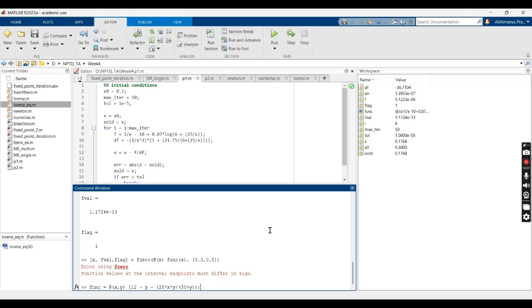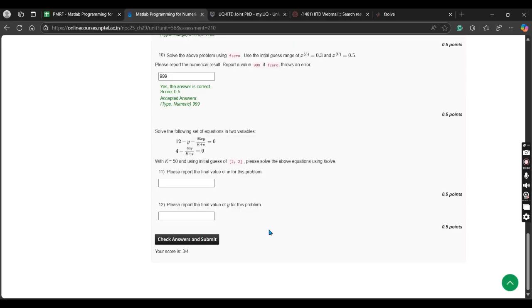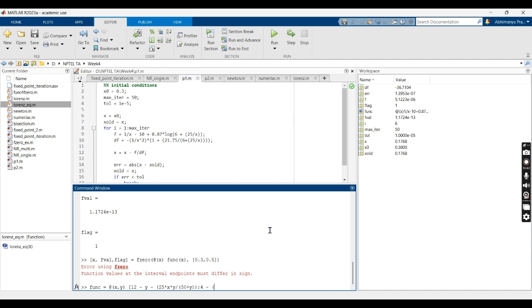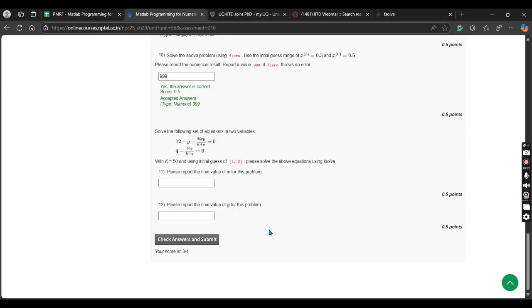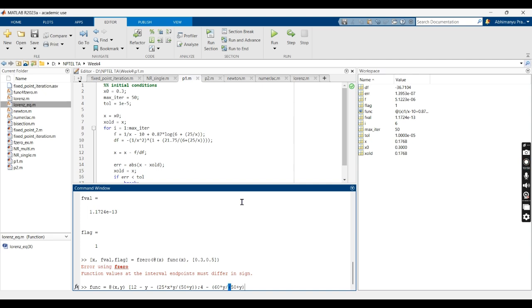I will write the second equation. 4 minus 16 y.